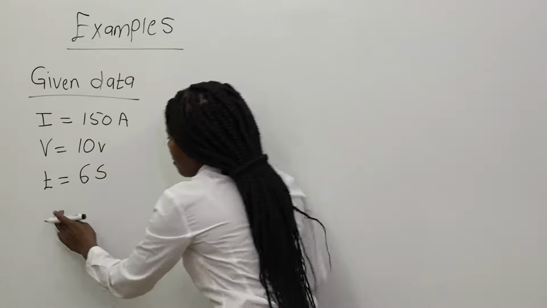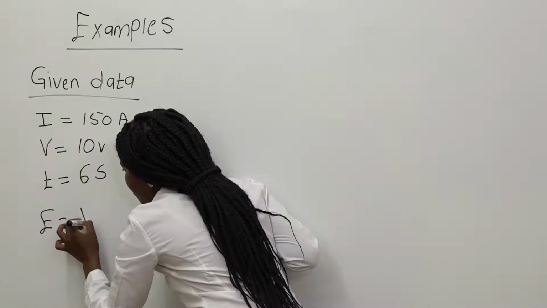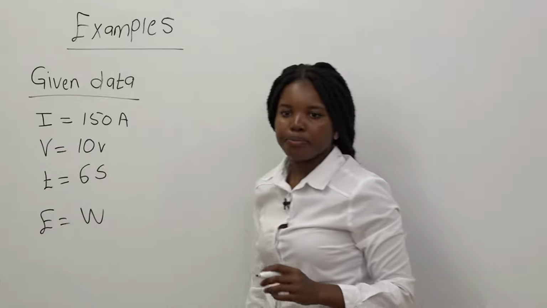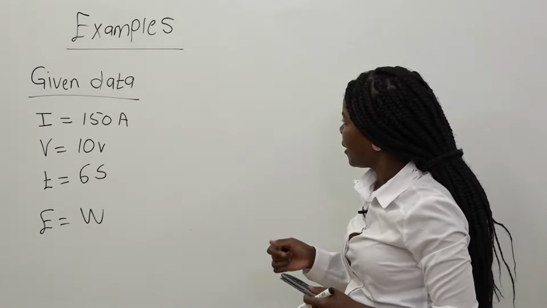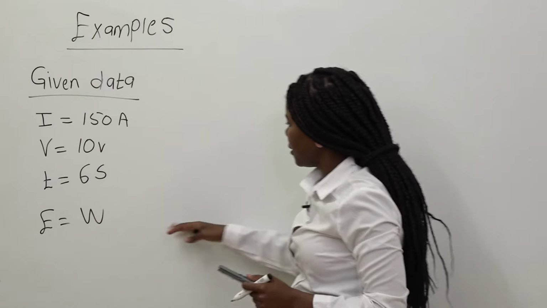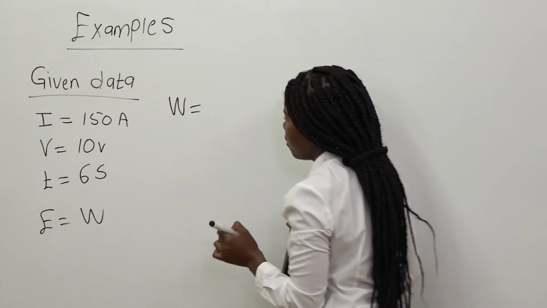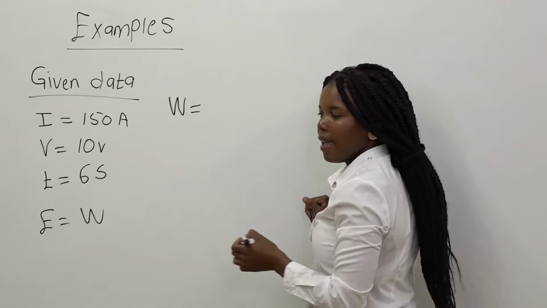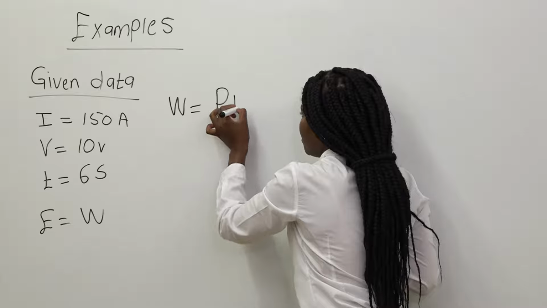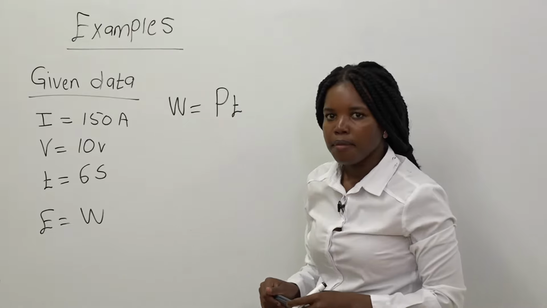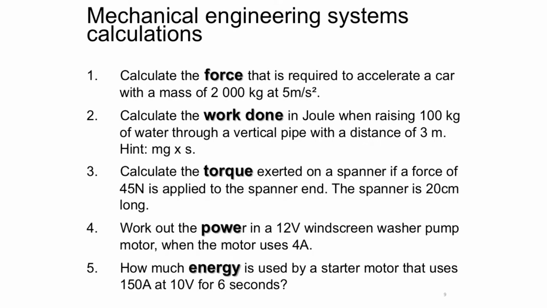You know that energy is the same as the work done. If you want to calculate the energy or the work done, we know that W for the energy is given by the power times time. But if you check our given data, you are not given power.